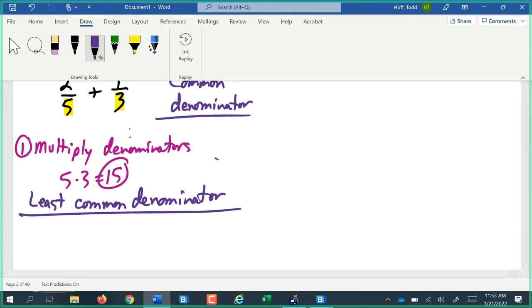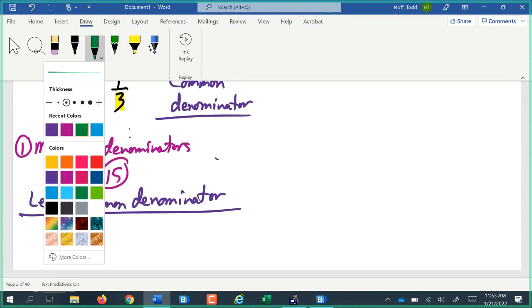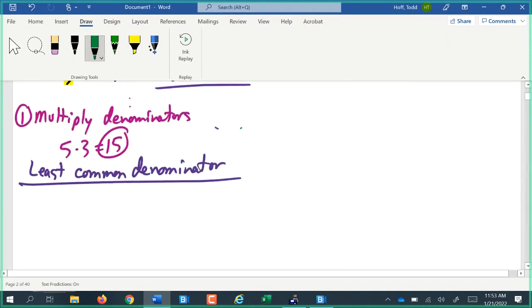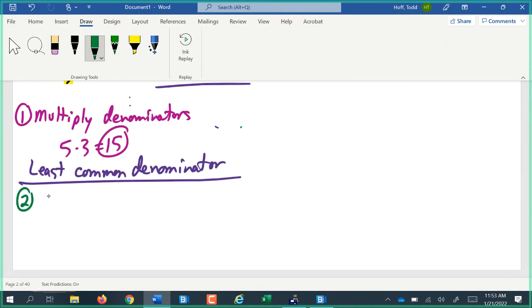There are a couple of methods to do this. One that we will look at later on in the course is factoring and using common factors. But for now, we can just look at lists. If I count up, I know that 5 times 1 is 5, 5 times 2 is 10, basically counting up by 5s. I have a pretty good idea what those are going to look like before I even start.